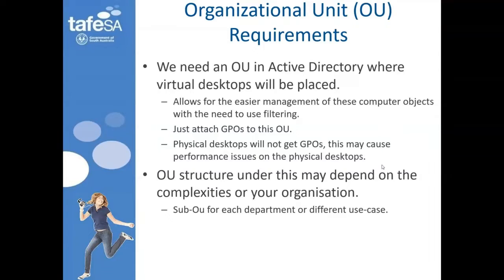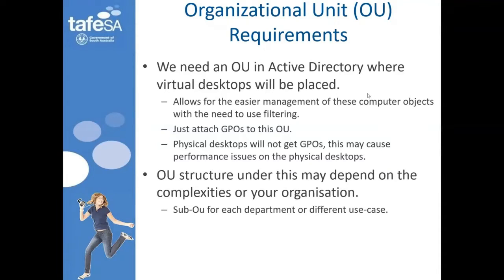If it's a user setting, it's the opposite. It doesn't matter which computer the user is sitting on, those settings will follow the user to whichever computer. So these computer settings would definitely be only for virtual desktops, whereas the user ones, we'll see next week, could possibly also apply to the physical desktop, because what if you had an environment where sometimes the user sits on a physical desktop and sometimes on a virtual desktop?